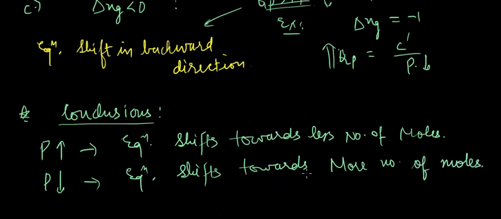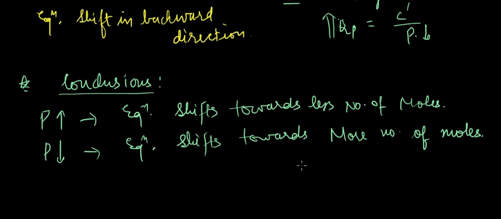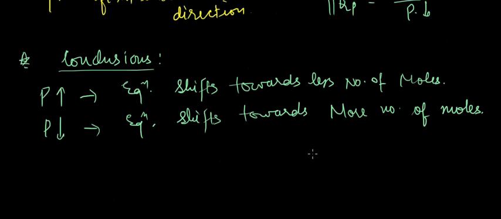Okay, so why is it the case here? Because we saw the first case wherein we were increasing the pressure, and while increasing the pressure we saw that if the delta ng was positive, then the reaction was going towards the backward direction, so in a way it was going towards lesser number of moles.